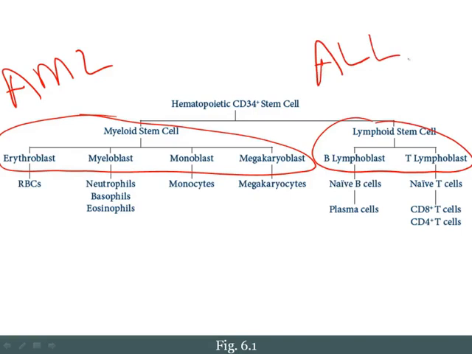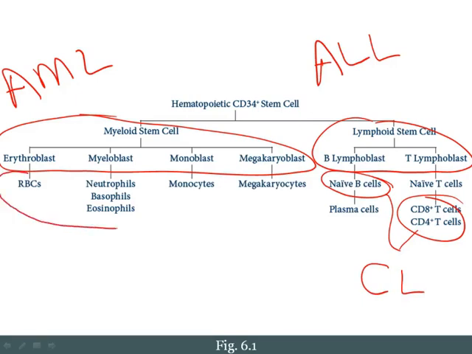If there is an accumulation of mature lymphoid cells, for example T cells or B cells, then we would call that chronic leukemia, and there are subtypes that we've already discussed in the previous section. Now, if there is a neoplastic accumulation of mature myeloid cells, then we call that a myeloproliferative disorder.